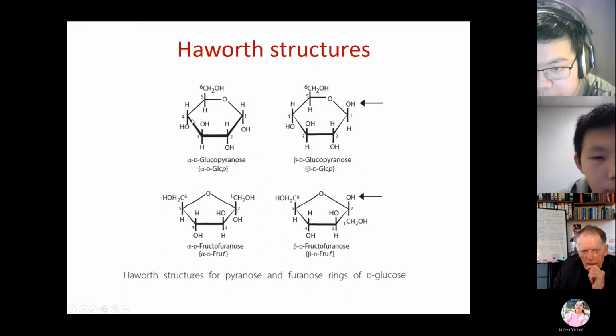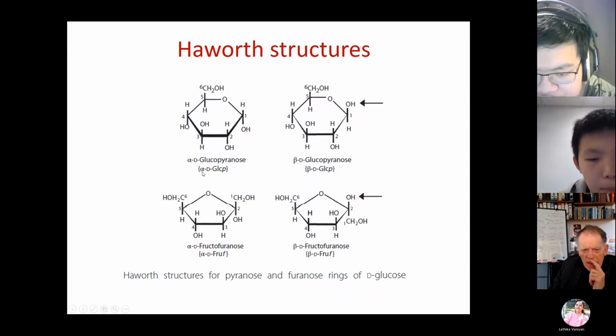So axial and equatorial. And depending on, with carbon atom number 1, whether the hydroxyl group on carbon atom 1 is equatorial or axial, dictates whether the glucose or glucopyranose is alpha or beta.